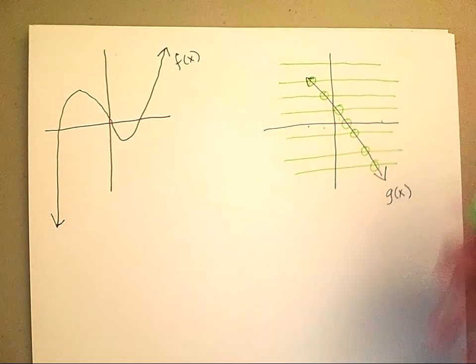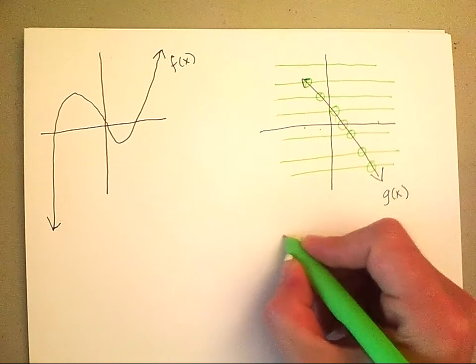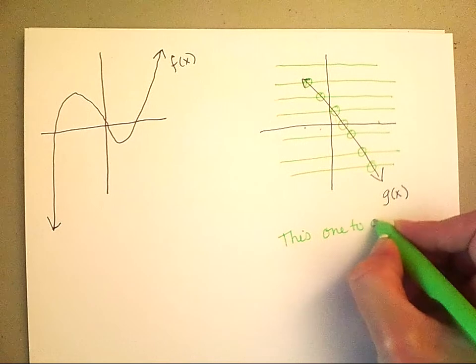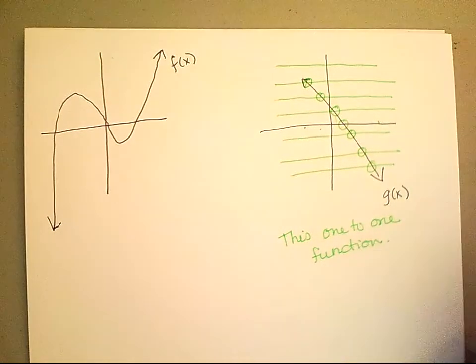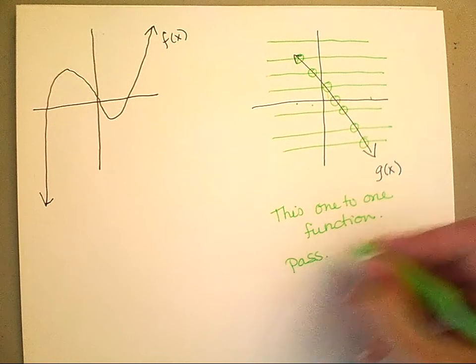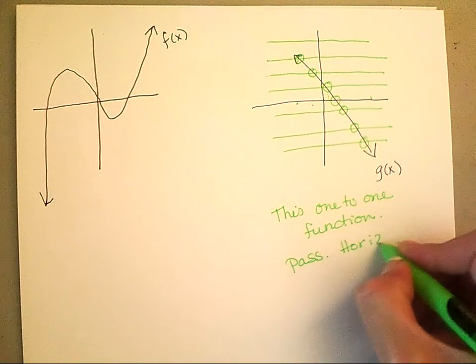Here's x, here's x, here's x. So this is a one-to-one function. That is, it passes now not the vertical, but the horizontal line test.